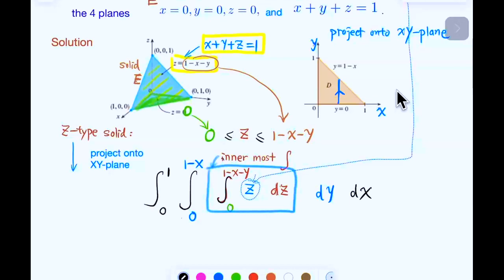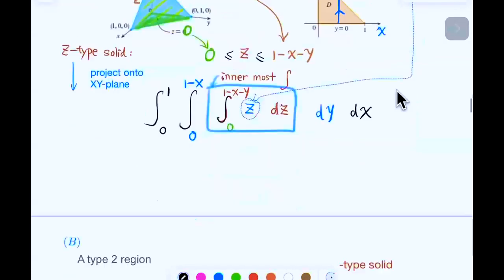And then to evaluate this will be the usual routine. Let's try to do it together, just one time. Let's do a couple of steps. You evaluate the innermost integral.